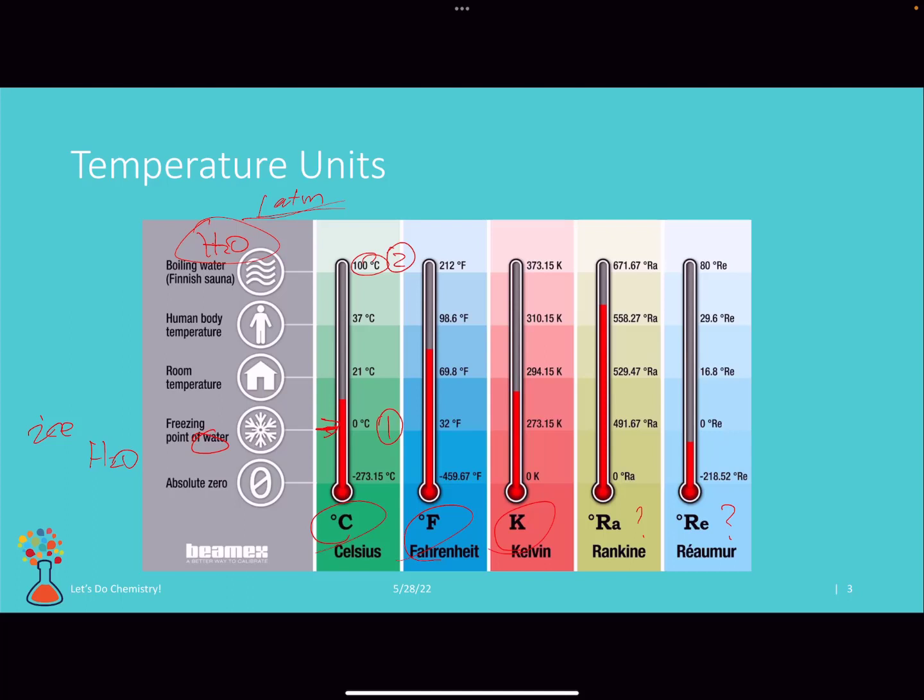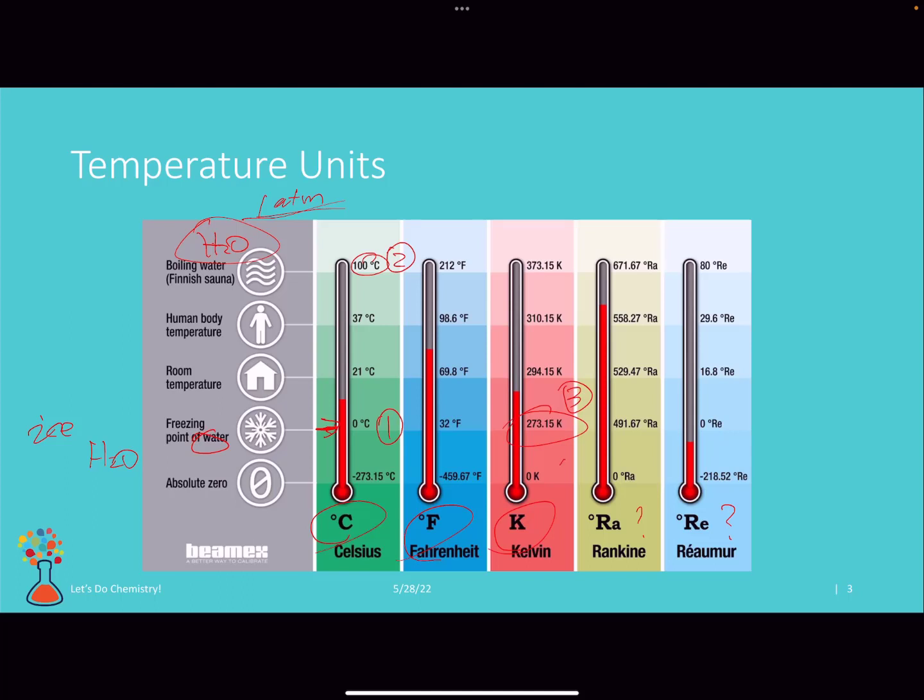And then move to the Kelvin. The third thing you need to memorize is 0 degrees Celsius is equivalent to 273.15 Kelvin.